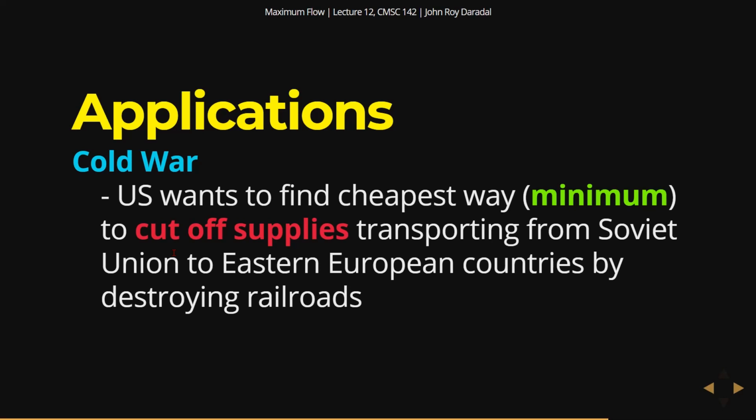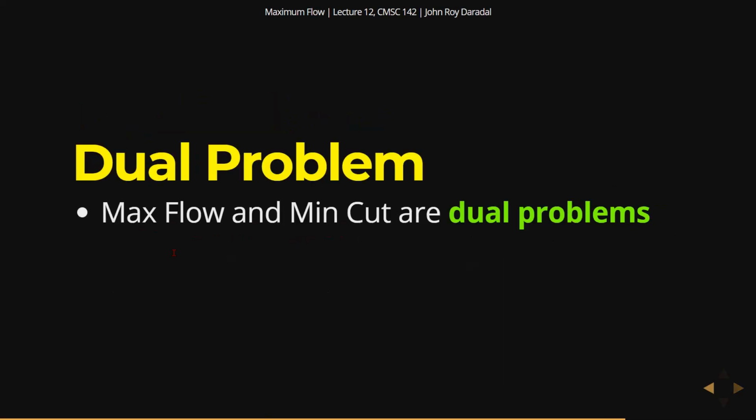Now, of course, they could destroy all railroads, but that would take too much time and effort. So, what would be the minimum set of railroads to cut such that everything is cut off? Okay, so they will destroy a minimum amount of railroads so that everything from the Soviet Union will not reach Eastern European countries. Okay, so you'll totally cut off that line, the flow. Okay, so that is the min-cut problem.